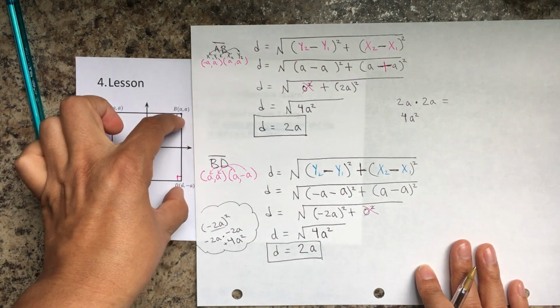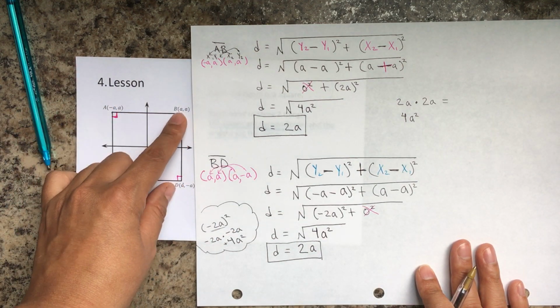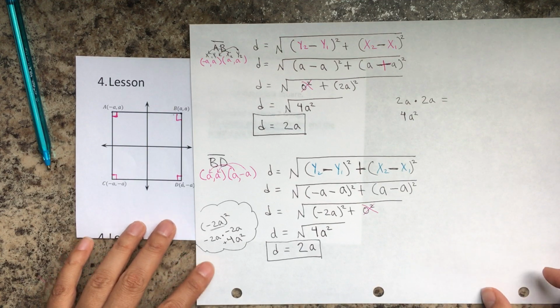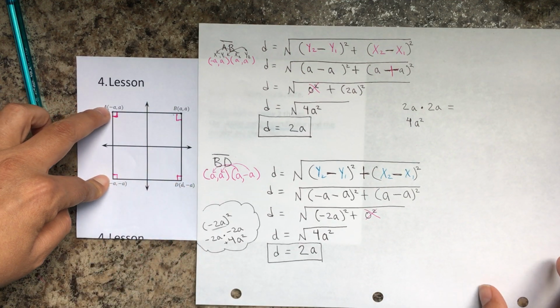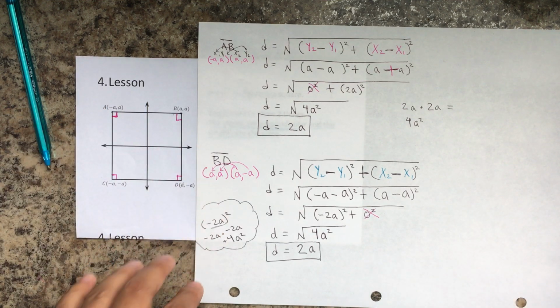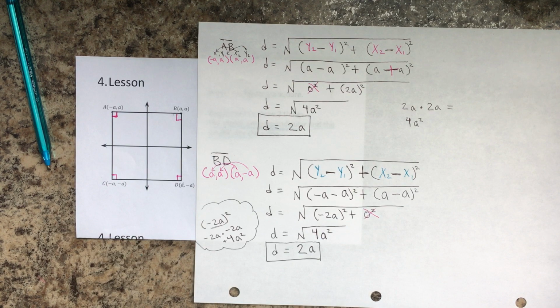So far, those two sides are the same measurement. Let's check for the other ones, this side and this side. Take a minute to pause the video so you can copy it, but let me proceed to explain.